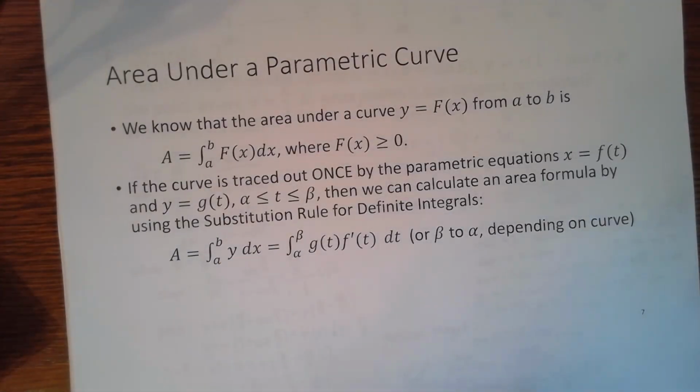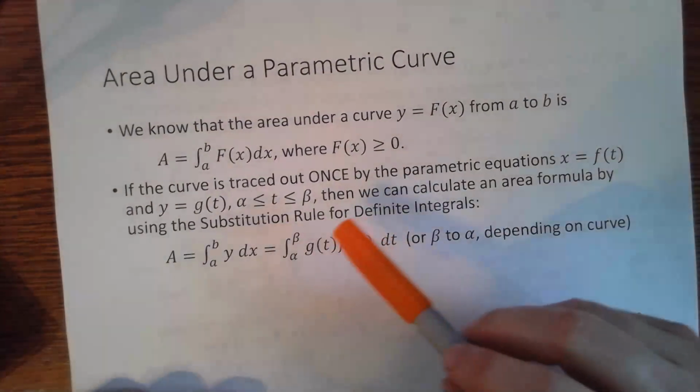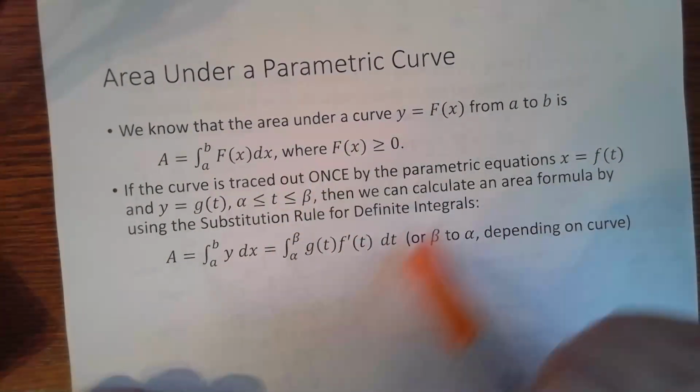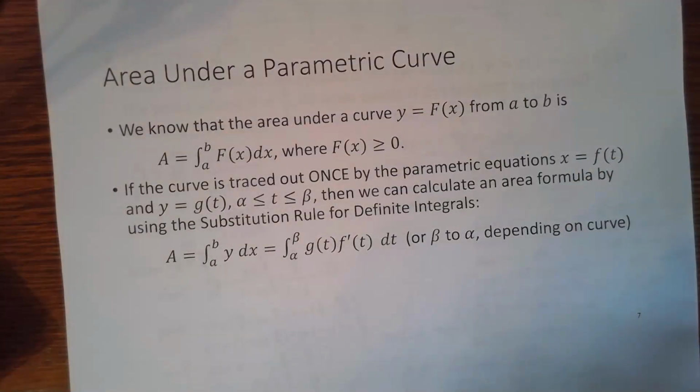Okay, so of course we're going to do the same thing for parametric curves. We just have to figure out how to do it when it's defined in terms of two functions instead of one. So if the curve is traced out once by the parameter, and that's very important because we know that some equations cause the function to go along the curve multiple times.